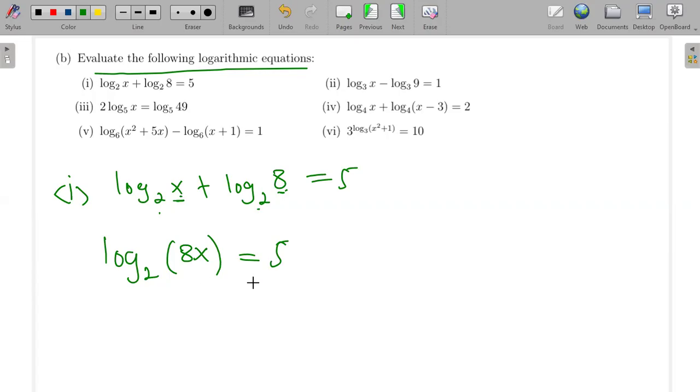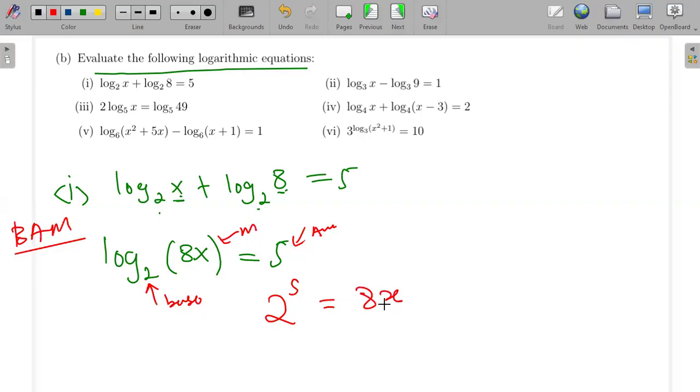Once I put it here, I convert it to exponentials. This will be my base, this here will be my answer, and this one will be what is in the middle. So we are back to our BAM: base to the power answer is equal to what is in the middle.